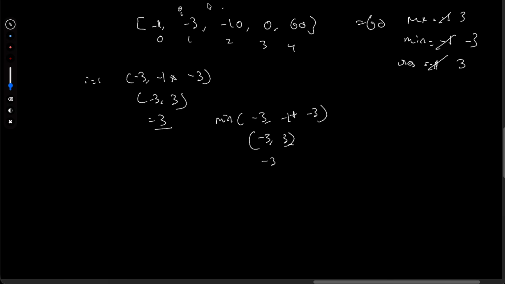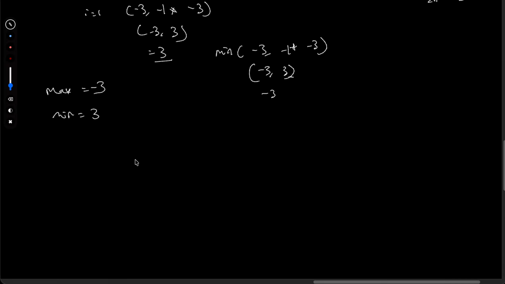Now i comes here, the value is negative 10, which is negative, so we swap. Before the swap it was 3 and negative 3; after the swap max becomes negative 3 and min becomes 3. Now if we update the max, negative 10 times 3 gives negative 30, and negative 10 times negative 3 gives 30, so the max is 30.